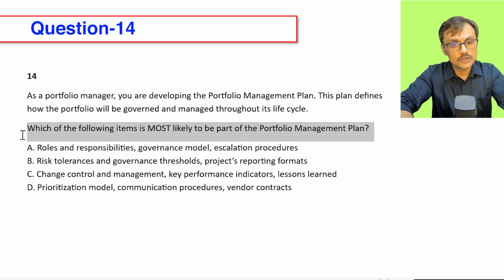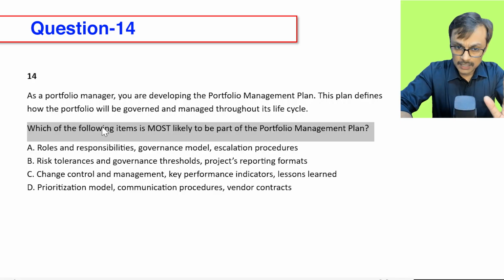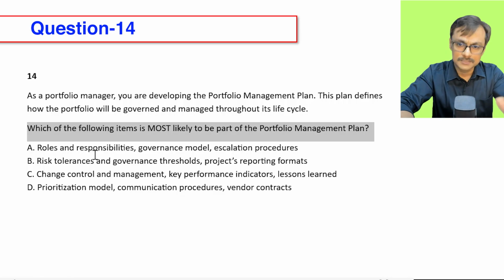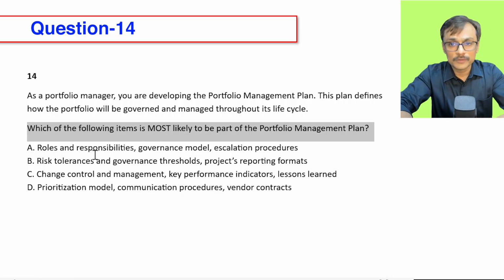You can get a question as a one-liner also, where it is just asking which of the following is a part of the portfolio management plan. Such questions are expected. All the popular artifacts are expected to show up: portfolio strategic plan, portfolio charter, portfolio roadmap, portfolio management plan, portfolio governance plan, portfolio performance management plan, risk management plan, communication or information management plan.